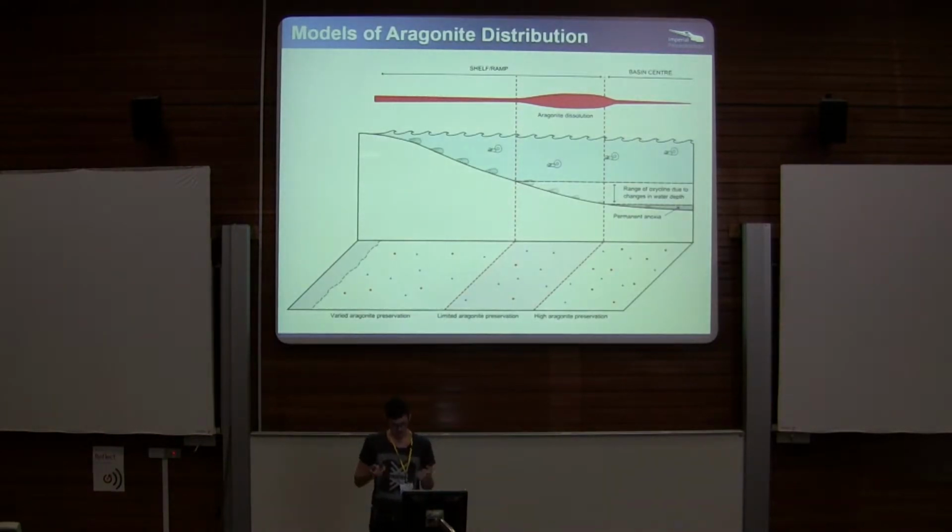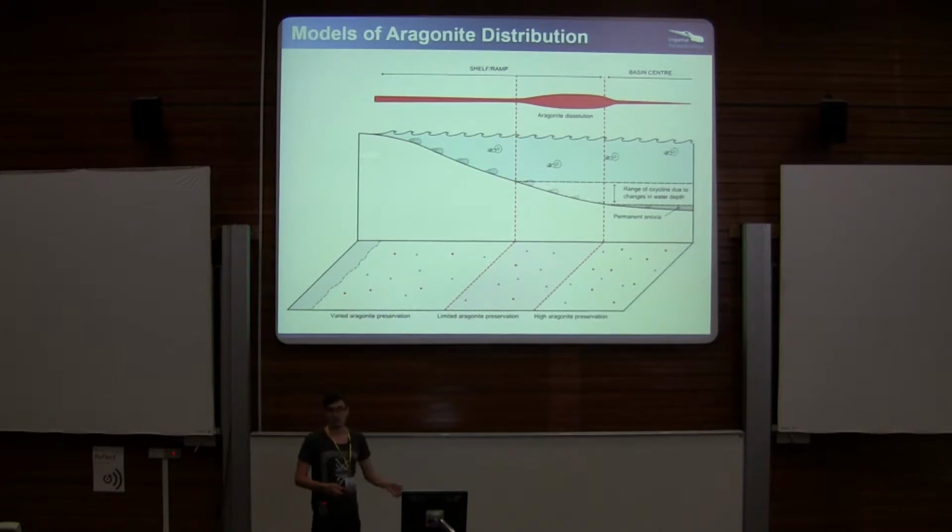So combining this potential for enhanced aragonite dissolution where the oxycline meets the sediment-water interface, and also the potential for anoxia in epicontinental seas, and also their ramp-like bottom topography, we can come up with a model that suggests where we might find some sort of aragonite dissolution. So if the centre of the seaway is in some part anoxic, that means that the oxycline will be reaching the seafloor somewhere on the outer shelf.